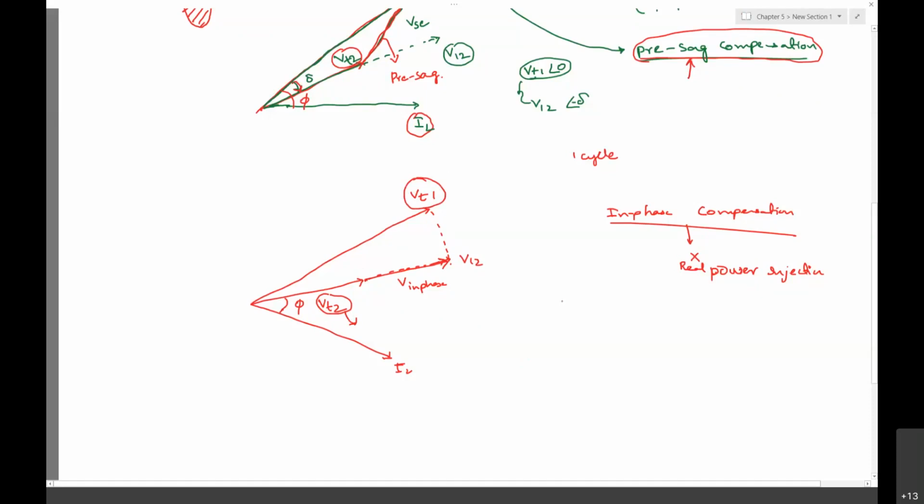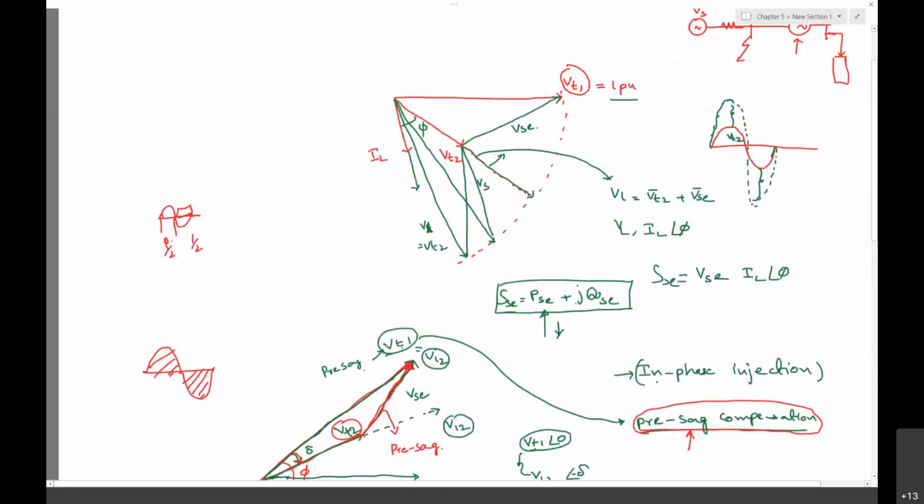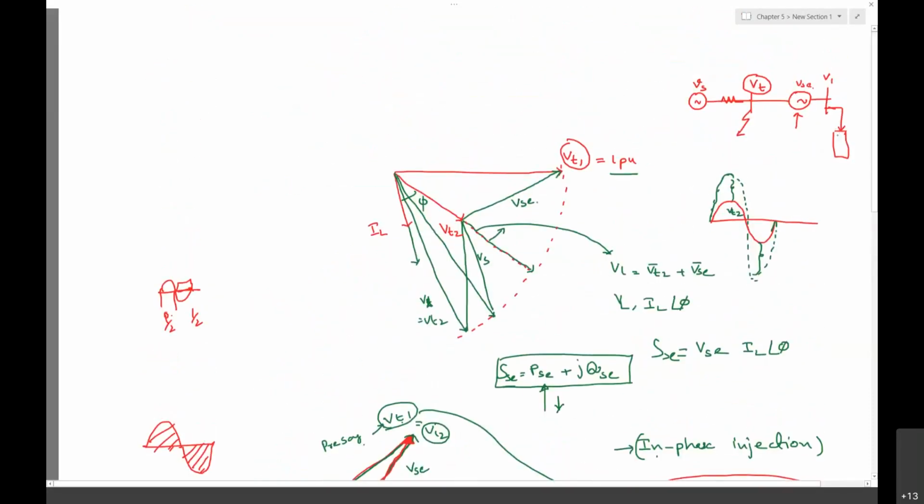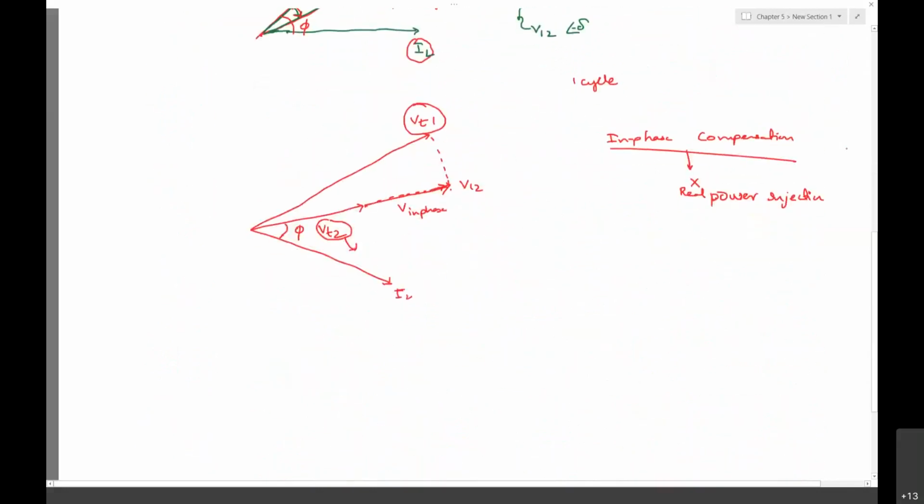In that case, initially during the pre-sag condition, the voltage at the load point is VT1. Maybe I can take the reference as 0. During the sag condition, the voltage at the load point is VL2 at an angle of minus delta.